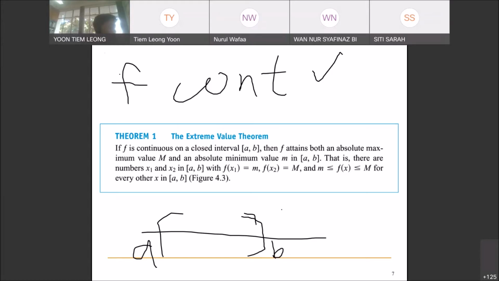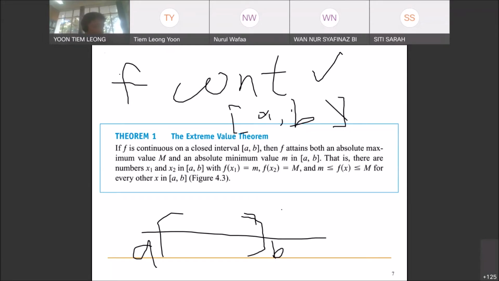It is continuous and defined on a closed interval of a and b. As long as these two conditions are fulfilled, then we are very sure that for this function within the interval of a and b, there must be an absolute maximum and there must be an absolute minimum.